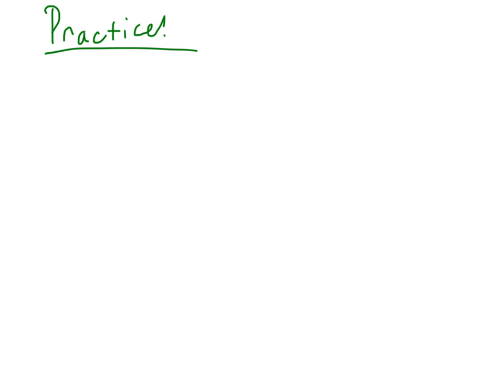Okay, so let's see if you can apply our new knowledge. Let's say that we have the following numbers that need to be multiplied by each other. I want you to do this without a graphing calculator or a scientific calculator.